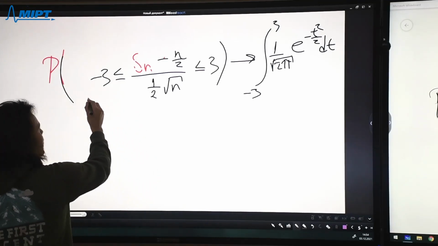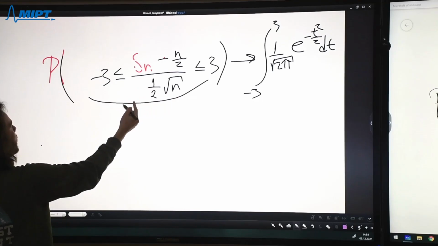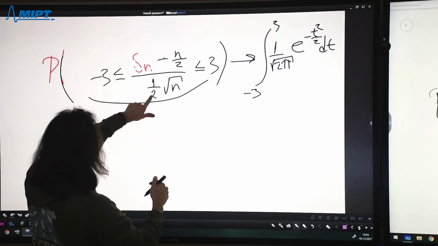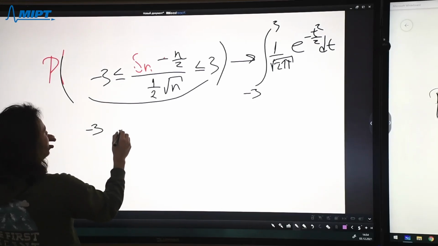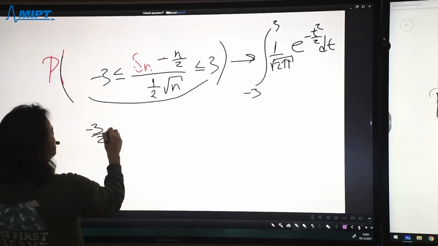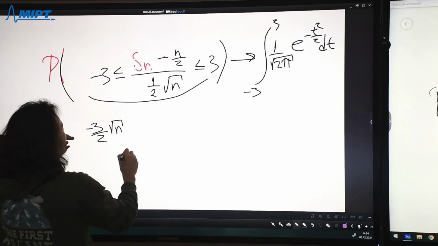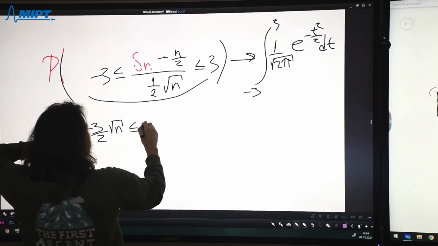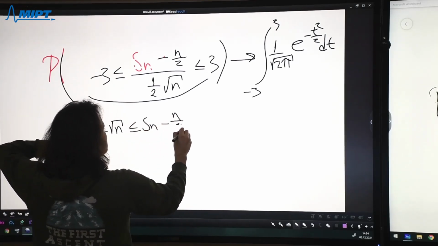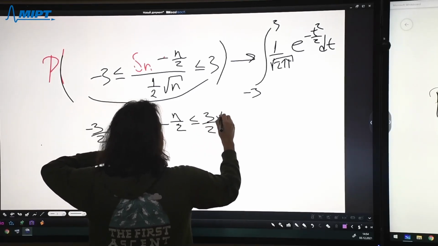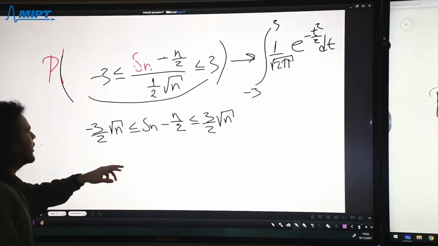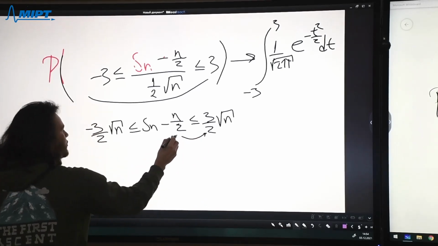Now we can do the following. We can multiply both sides, right? So we get minus 3 over 2 square root of n less or equal than Sn minus n over 2 less or equal than 3 over 2 square root of n, right? And now we can move n over 2 to this side to sum up, right?